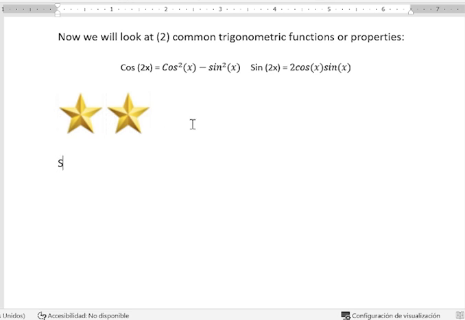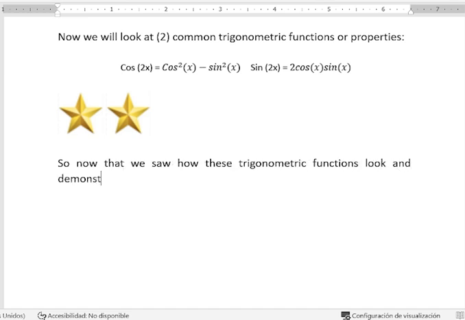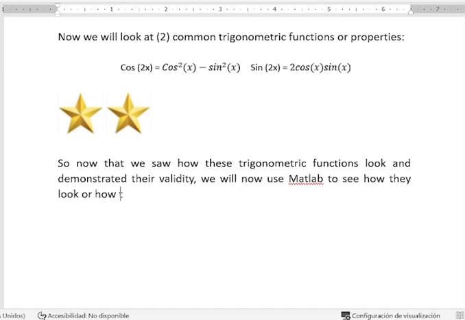So now that we saw how these trigonometric functions look and demonstrated their validity, we will now use MATLAB to see how they look or how they can be obtained in real life.